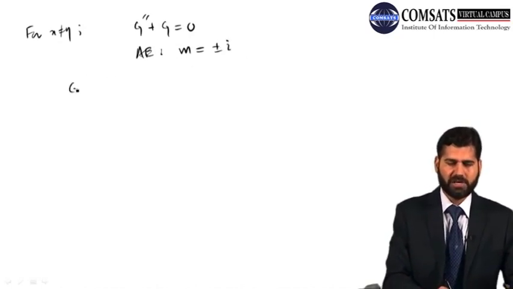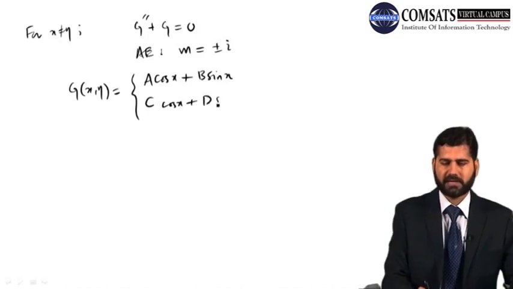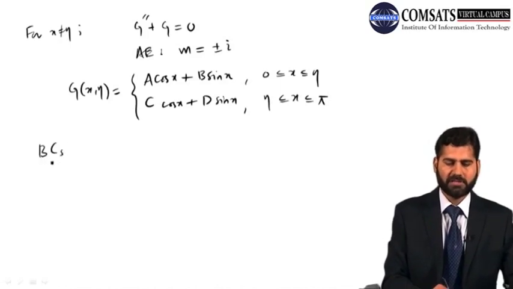So our g of x, eta should have this form: a cosine x plus b sine x, and c cosine x plus d sine x in different intervals, that is x from 0 to eta and x from eta to pi.